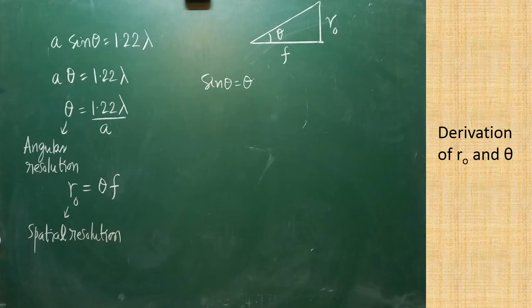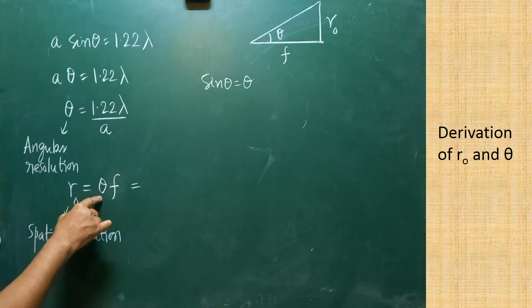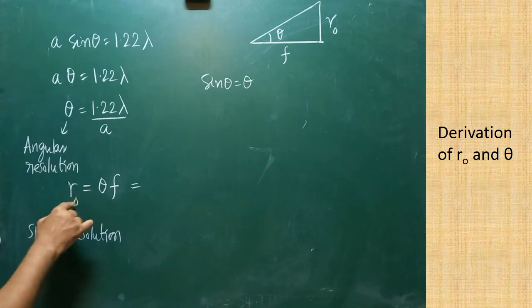All optical instruments have both angular resolution as well as spatial resolution. Depending on the values of angular resolution and spatial resolution, we are able to calculate the resolving power. Resolving power is always the reciprocal of the resolution values. So now we will calculate the R0 value.